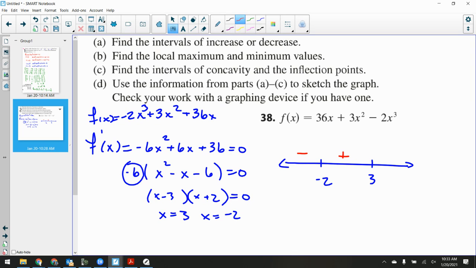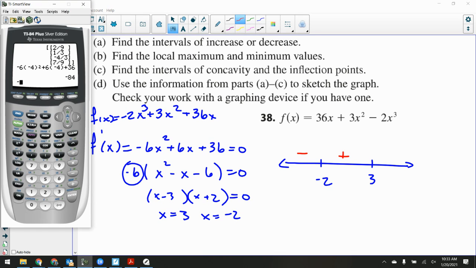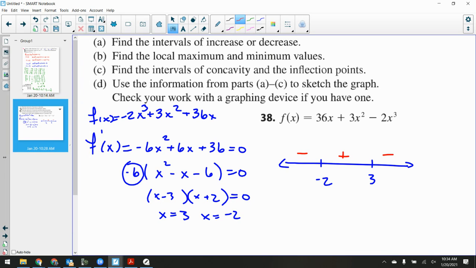I'm guessing that beyond 3 is negative, but let's just double check. Let's be sure. -6 times 4 squared plus 6 times 4 plus 36. Negative. So it's confirmed that it is negative. Usually polynomials follow a pattern like that.